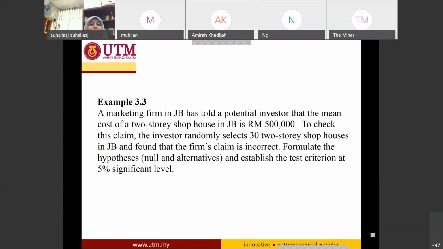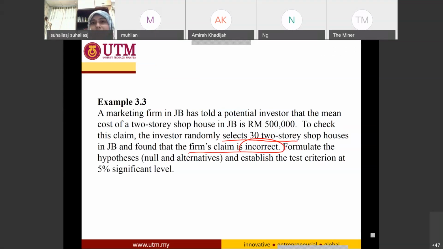Hypothesis. Okay, soalan saya. Ada perbezaan tak dengan dua soalan sebelum ni? Okay, yes, Hafiz. Okay, to check this claim, the investor randomly select 30 2-story shop houses and found the firm's claim is incorrect. Dia tak cakap less than ke greater than. Dia cakap incorrect saja.